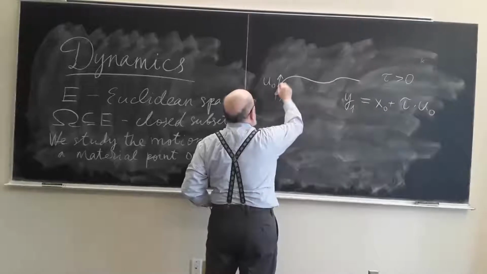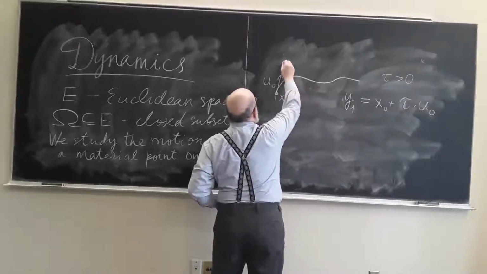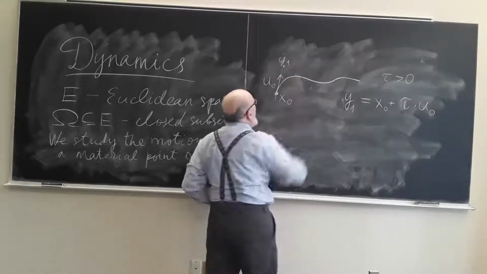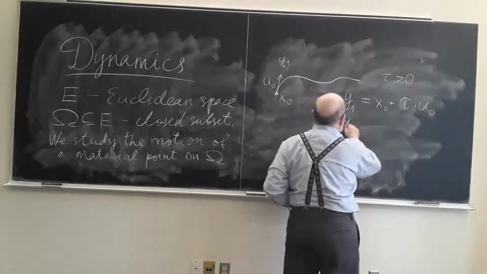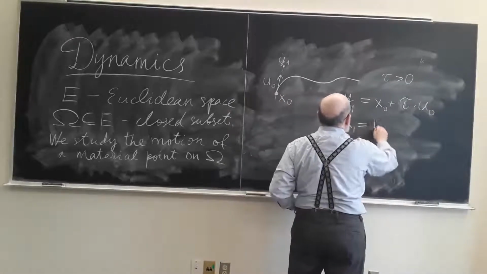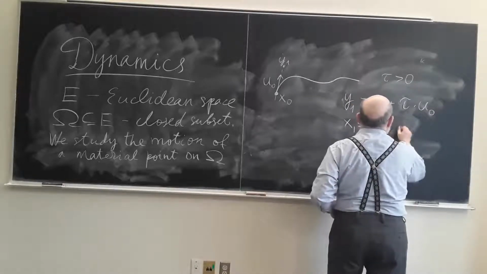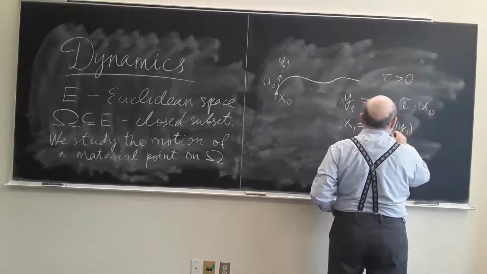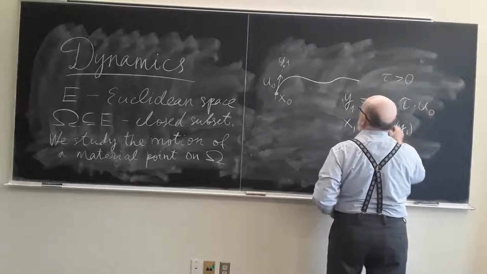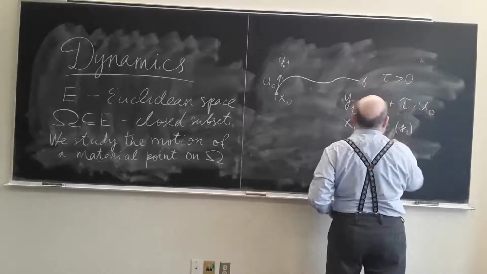Now, so we have the point y1. Now we define the point x1. Let me call it the projection of y1 on our curve, the curve gamma.